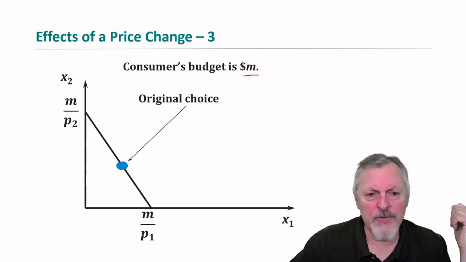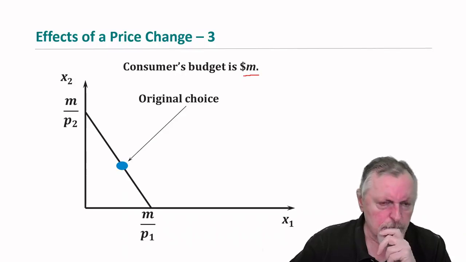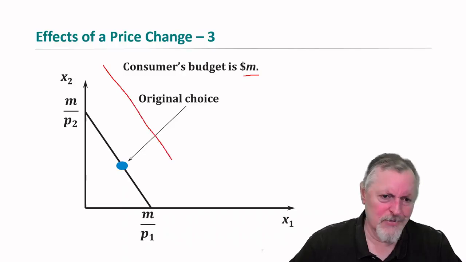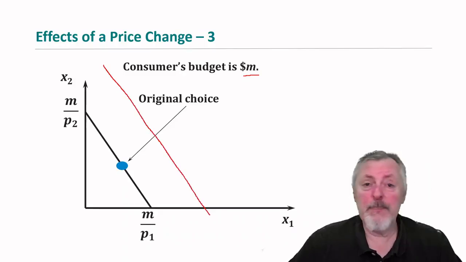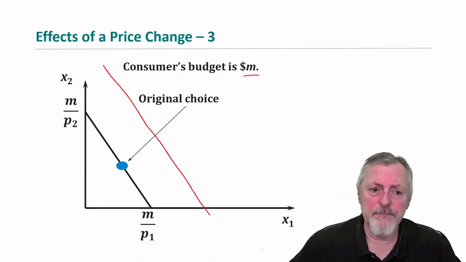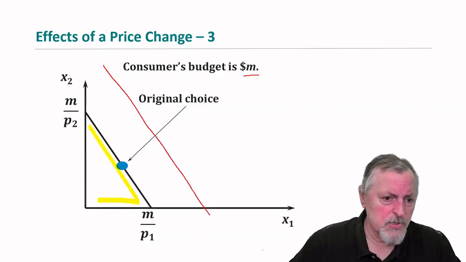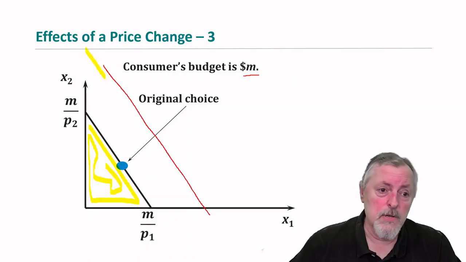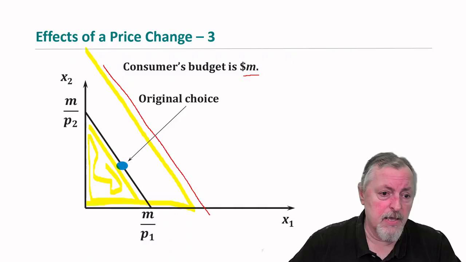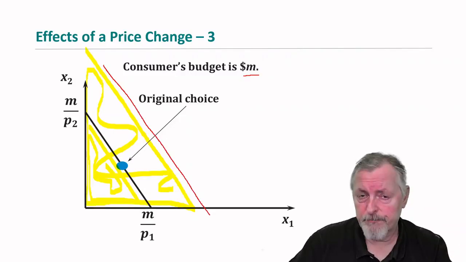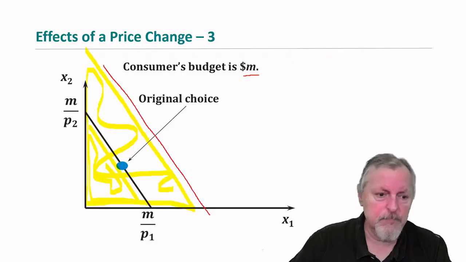We're talking about their income in dollars. For example, a new budget line might be, assuming I can draw it more or less correctly, there. This person got a raise. It used to be this person could only choose things in there. Now they can choose anything in this much bigger triangle. Their budget set has become larger, richer.